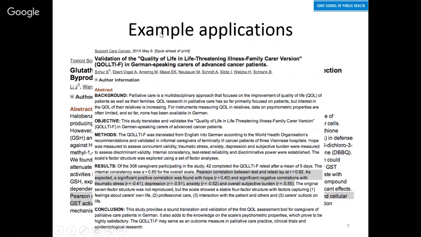So this is a nice example in that, never minding data or the study or anything, you can imagine that a quality of life score should be positively correlated with hope and negatively correlated with these other things. So it's a quantitative measurement of this thing that makes sense intuitively.